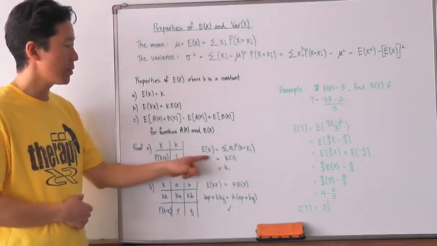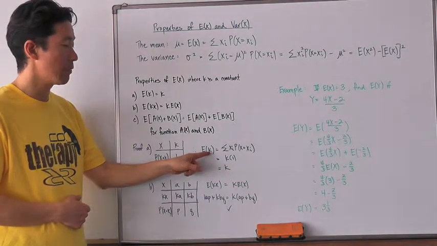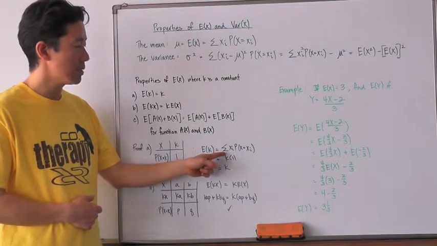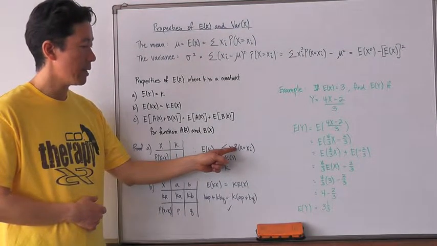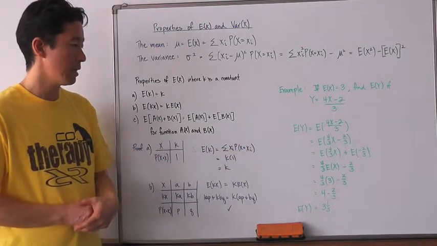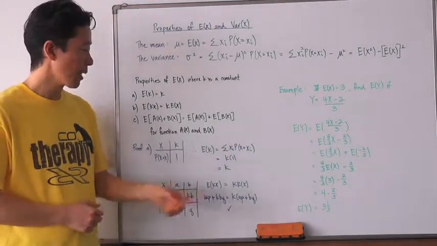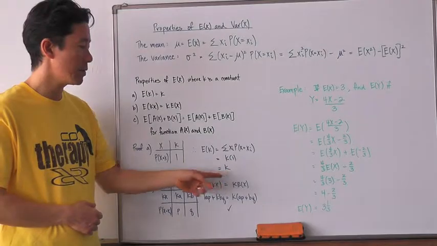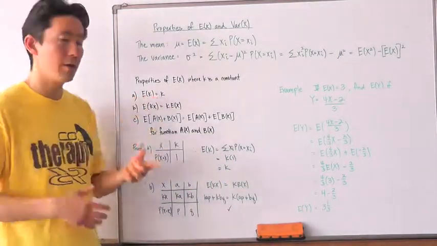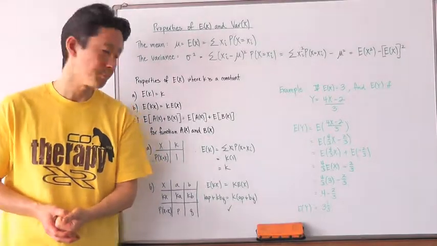Therefore, by definition, the expectation of k is the sum of x sub i times the probability of your discrete random variable being that particular value of x. Sure enough, that's just k times 1, which is equal to k. So the expectation of k should be just k.